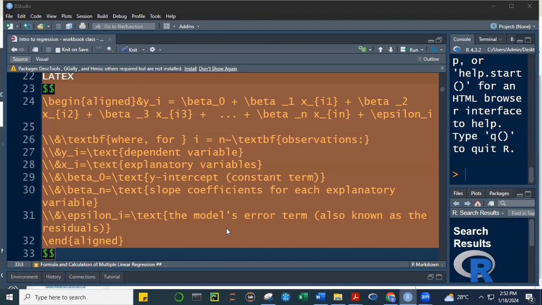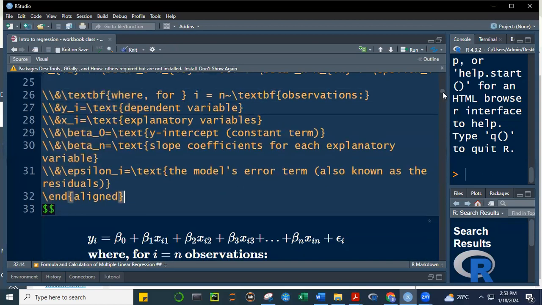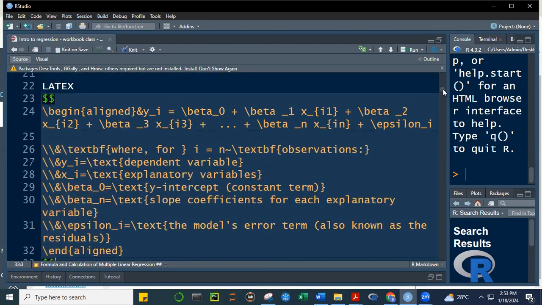So in R, you can make use of this language, LaTeX. All right, I will just explain some of this. The LaTeX mathematical expressions are best generated by the use of LaTeX.